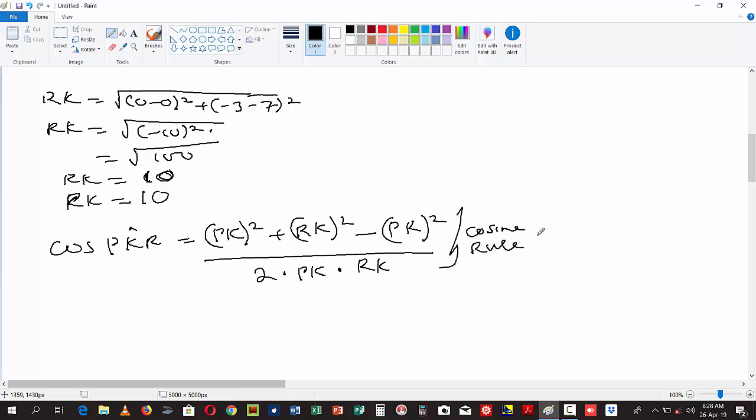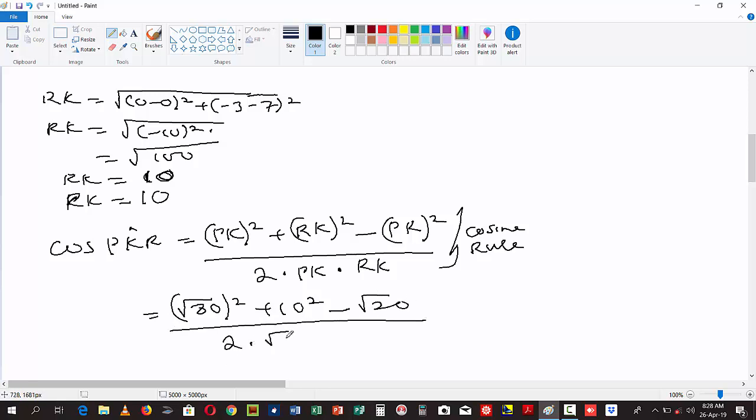So now it's going to be the square root of 80 squared plus 10 squared minus the square root of 20 squared, divided by 2 multiplied by the square root of 80 multiplied by 10.